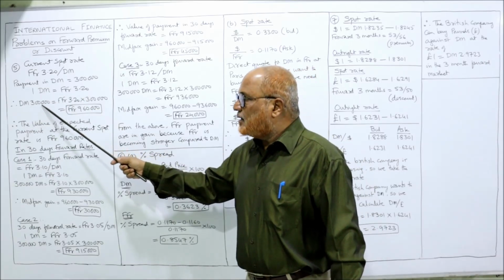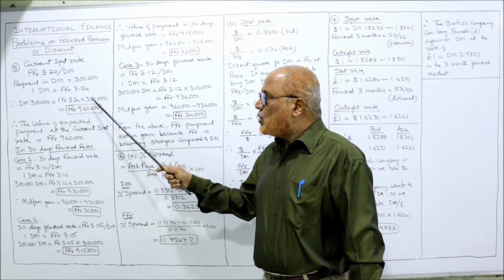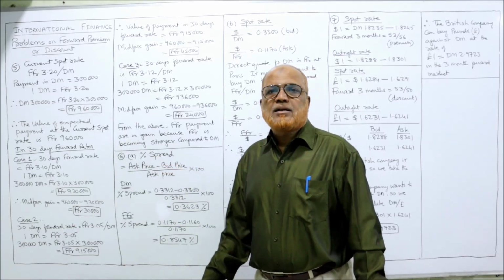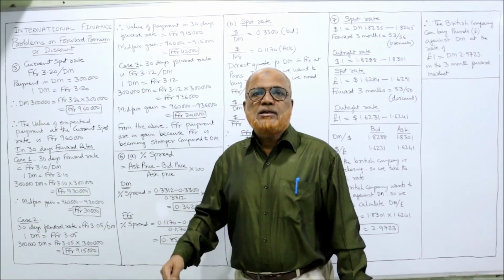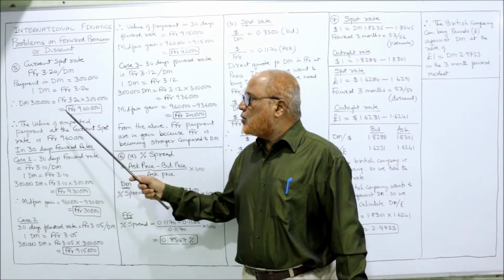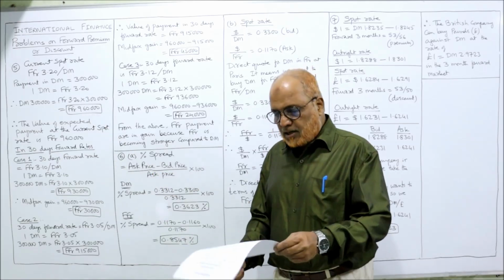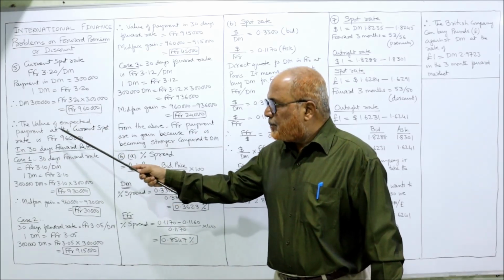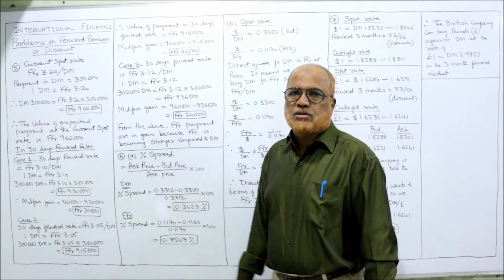For 3 lakh DM, how much would be the FFR? 3.20 into 3 lakh, 9,60,000 FFR. So 3 lakh DM is equal to 9,60,000 FFR. Therefore, the expected payment at the current spot rate is FFR 9,60,000.